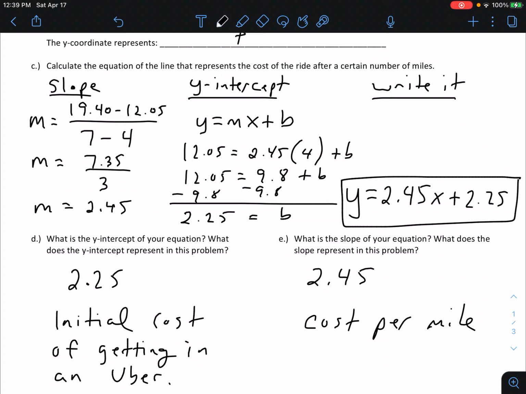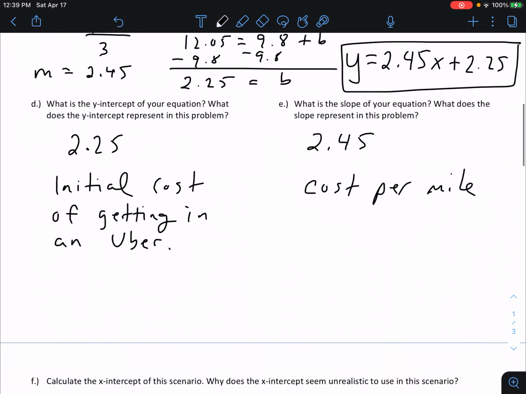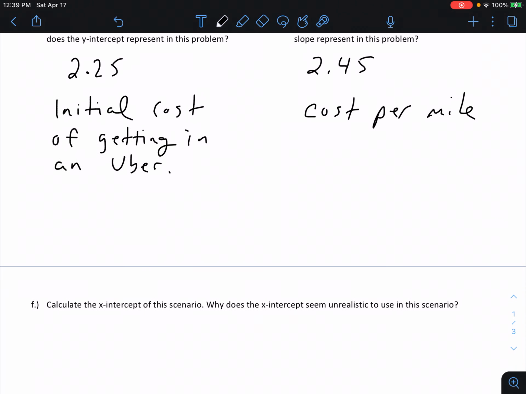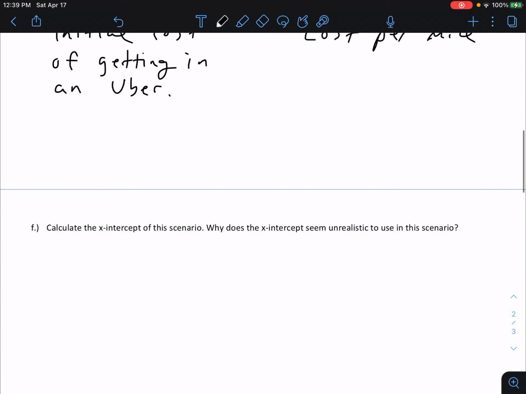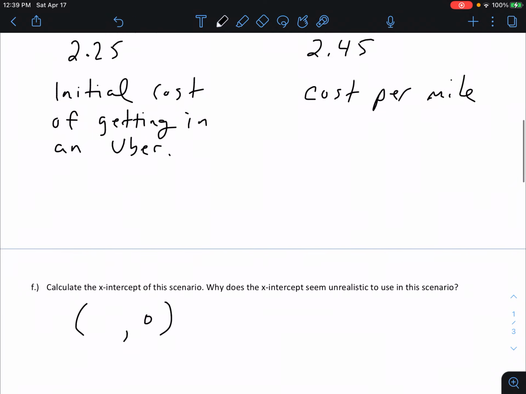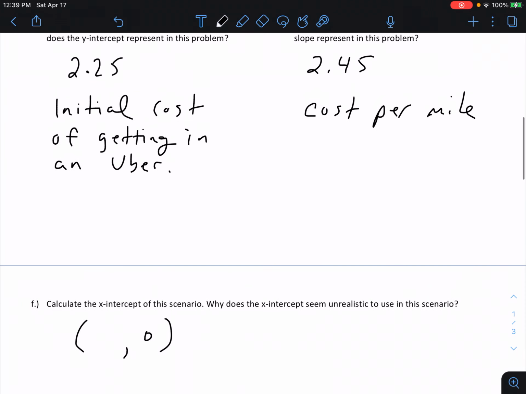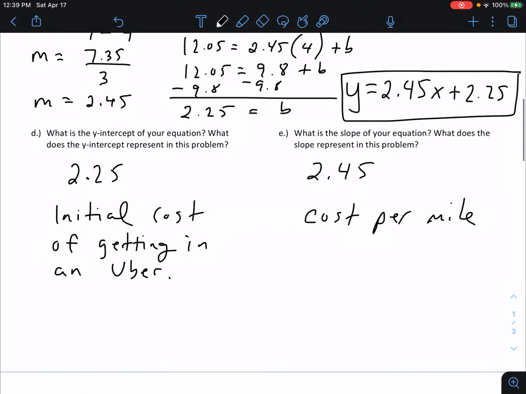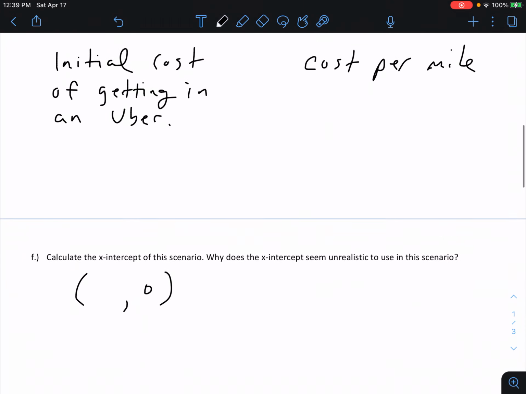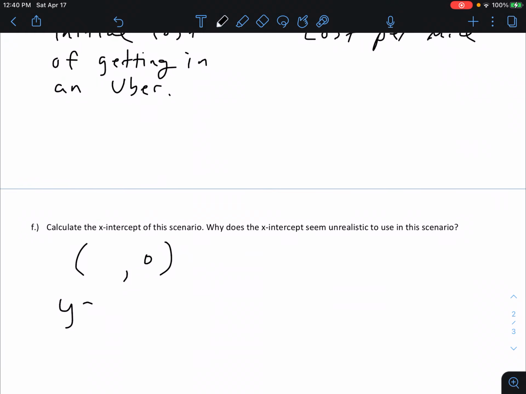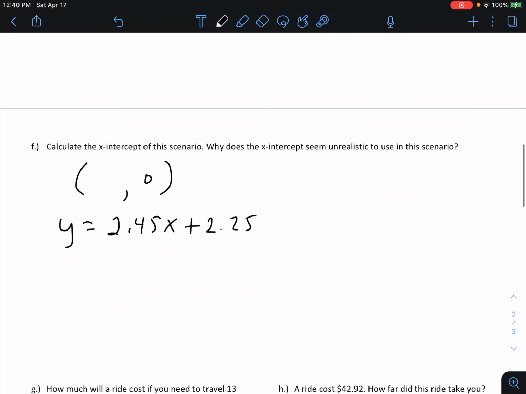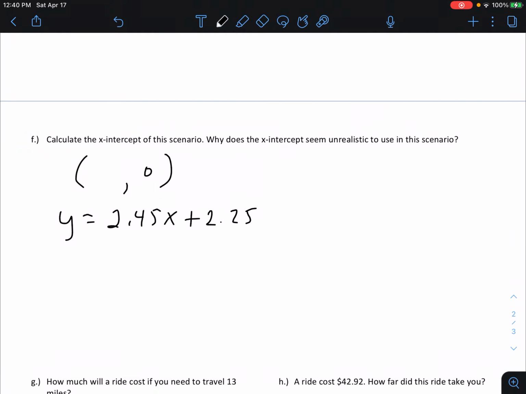All right, let's go down here. We got some questions to answer. Calculate the x-intercept. So remember, the x-intercept happens when y is 0. So I'm going to take my equation: y equals 2.45x plus 2.25. Y is 0, so I'm going to replace the y with 0.